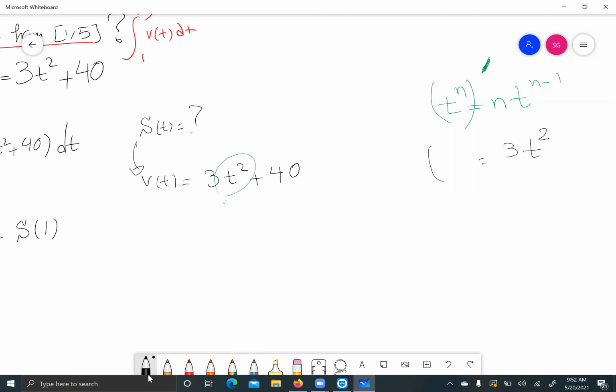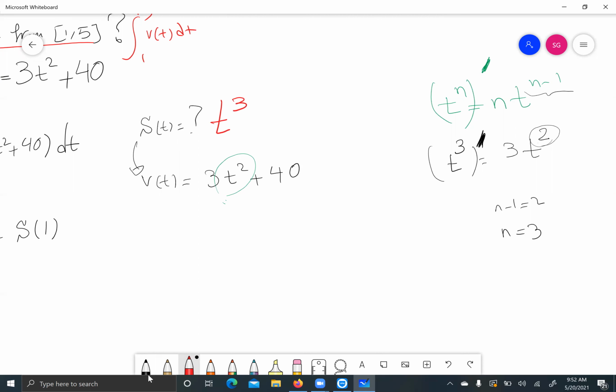That suggests that whatever the antiderivative was, if n minus 1 is 2, that means n was 3. So here I had t cubed, because the derivative of t cubed is 3 times t squared. So the first one is t cubed.